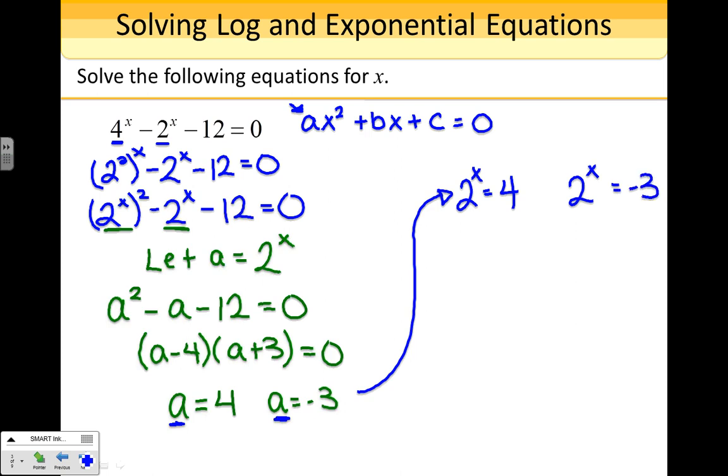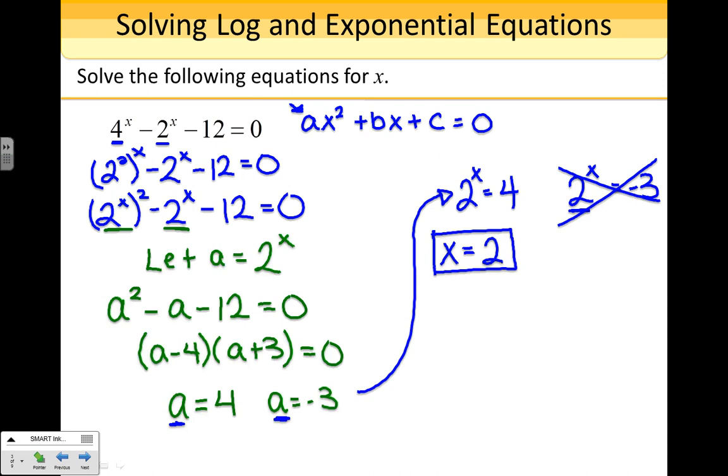So we already know here, what am I going to raise 2 to get 4? So x equals 2. 2 to the x equals negative 3. What would I raise 2 to get negative 3? Well, since my base is positive, there is no exponent that's going to give me a negative result. So that one's extraneous, so my only answer is x equals 2.